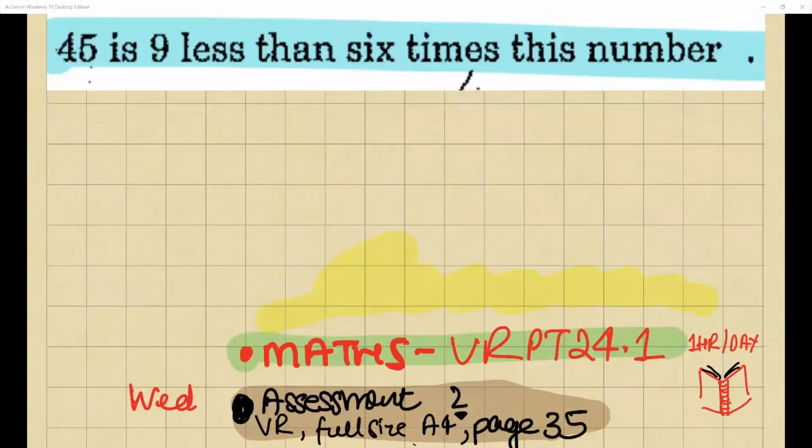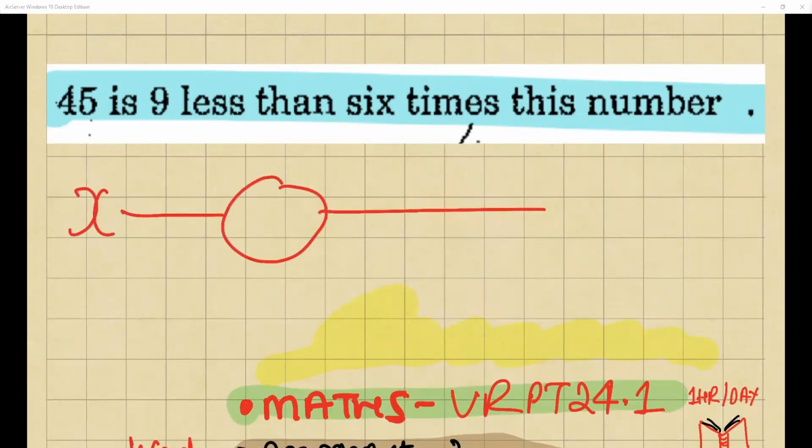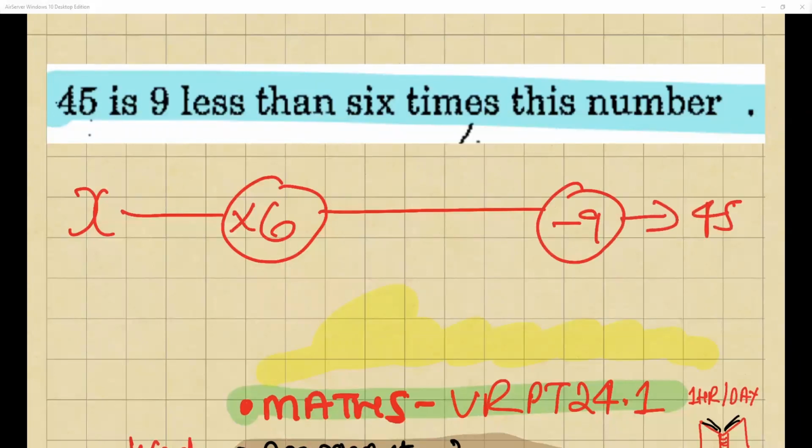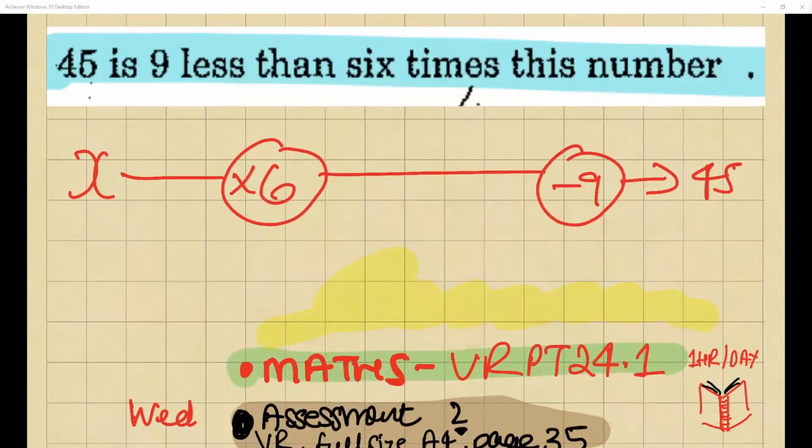And the next one, please, Dennis. 45 is 9 less than 6 times this number. So the first action is times by 6. The second action is minus 9. And the answer is 45. So 45 plus 9, which is 54, divided by 6, which is 9.